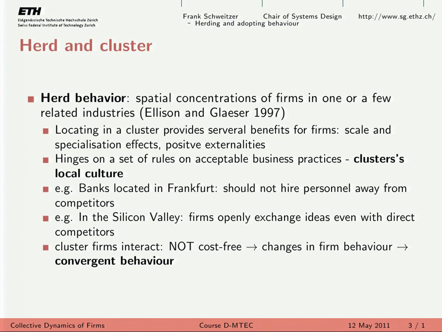If you're interested, you can take a look into this. I just address the basic problem. If you look into the spatial distribution of firms, then you see that there are clusters of firms that emerge in certain areas. The best known example and the most copied one is Silicon Valley, right?